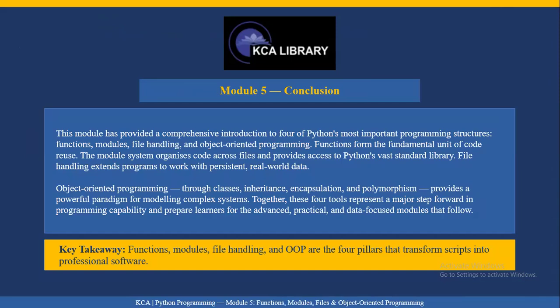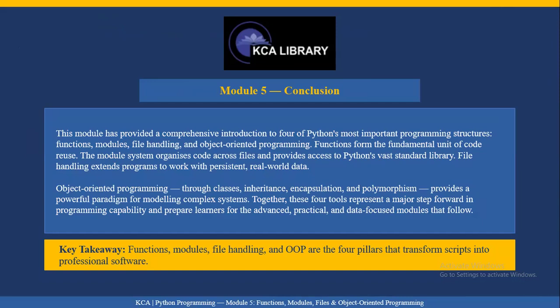Conclusion. This module has provided a comprehensive introduction to four of Python's most important programming structures: functions, modules, file handling, and object-oriented programming. Functions form the fundamental units of code reuse. The module system organizes code across files and provides access to Python's standard library.